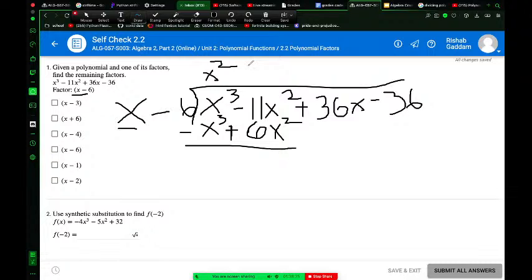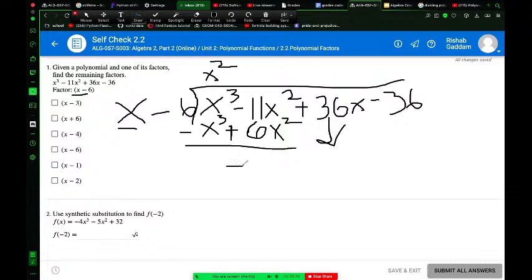X to the power of 3 divided by x is x to the power of 2. So now we can multiply x to the power of 2 times this, and we get this. Now we have to subtract this value from this, and whatever we get, we have to bring it down to the bottom.